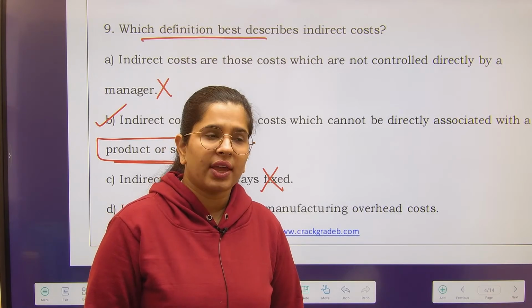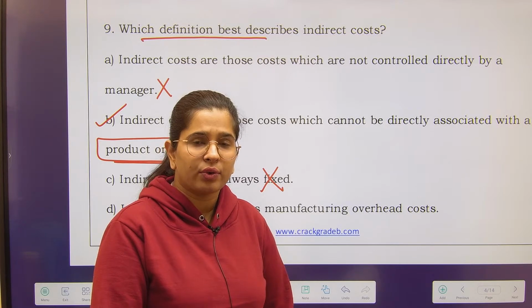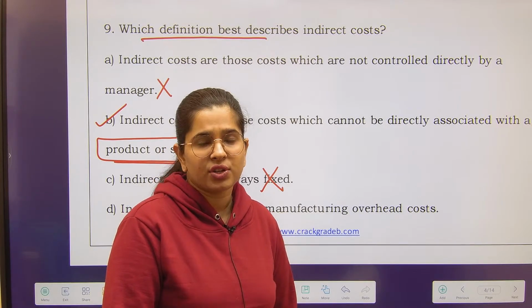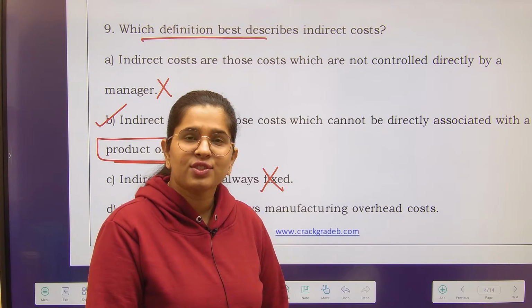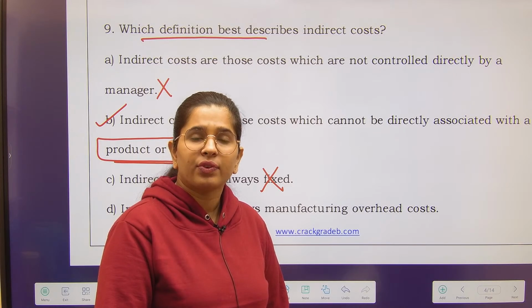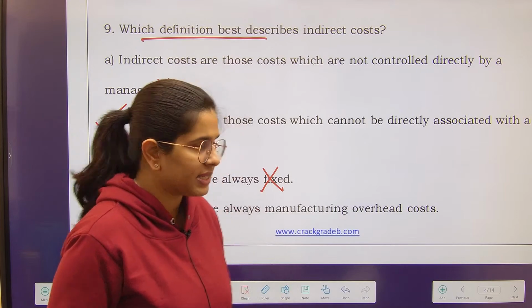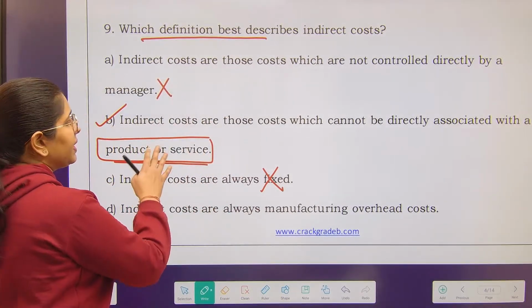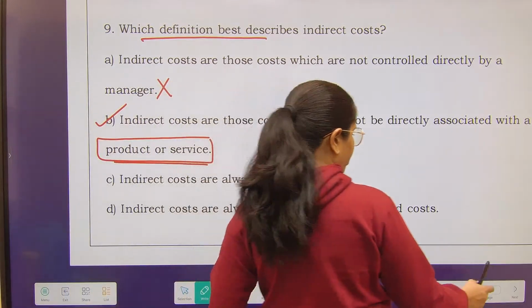Can you say that whether we are doing 1 lakh crore turnover or 2 lakh crore turnover, our printing and stationery expenses will remain the same at 10 lakh rupees? That is not possible, right? So overheads are sometimes fixed and sometimes variable. This is the misconception. Please learn the correct definition of indirect cost.